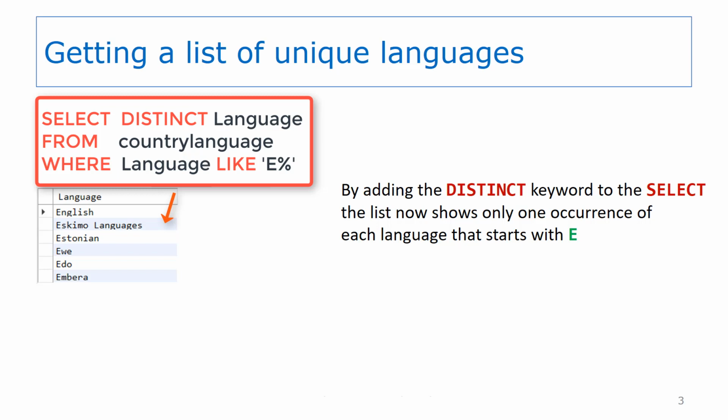The result set is filtered so that only one occurrence of each value is returned. Using this result set, it is much easier to see what the language names are that start with E. Rather than see a lot of duplicates of English, you can now easily see that there are 6 languages in this table that start with E.